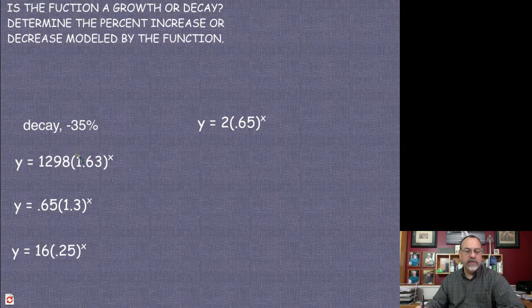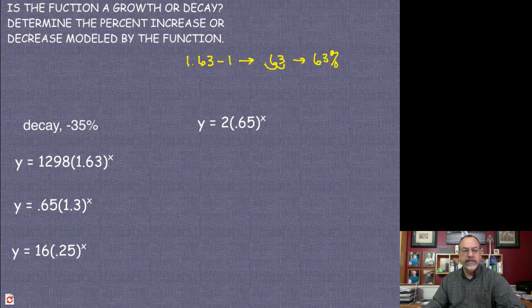A couple more examples and we'll wrap this up. This value here is larger than 1, so I know that this is a growth. In order to figure out the growth percent, I take the B value, 1.63, and I subtract 1. 1.63 minus 1 is 0.63. Now change it to its percent by moving it over 2 places.